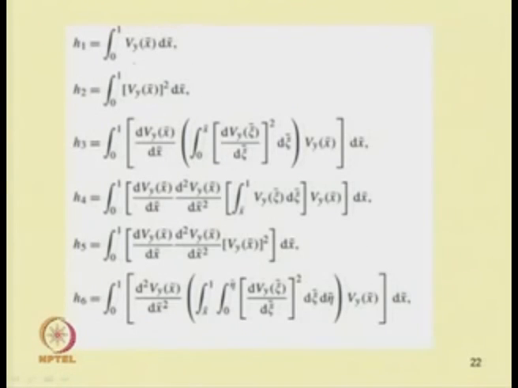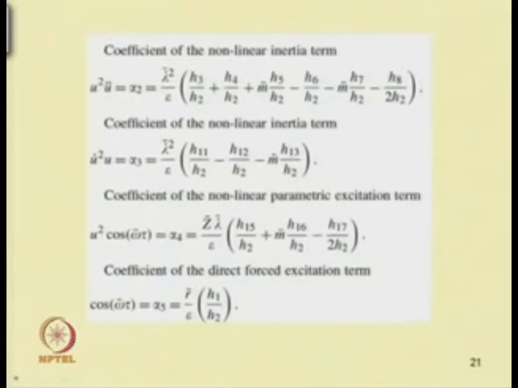These integrations are functions of the shape functions. So, by using this integration, one can find the coefficients. After finding the coefficients, one can use this ordering technique to order the nonlinear equation of motion.